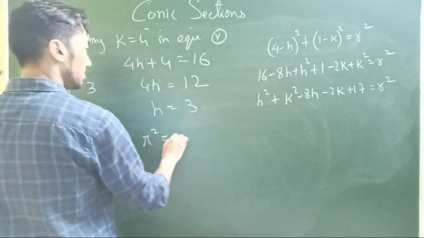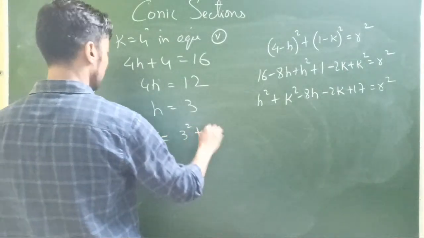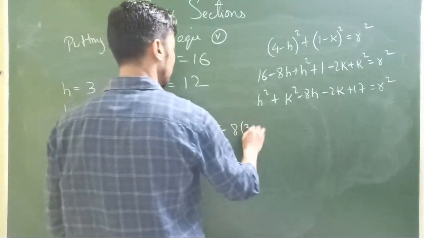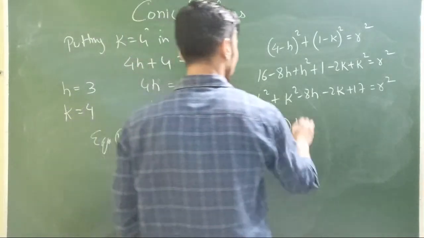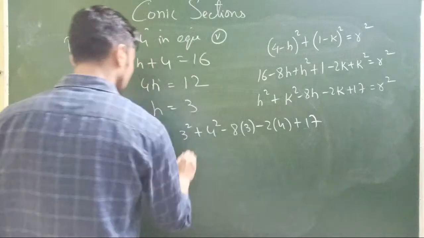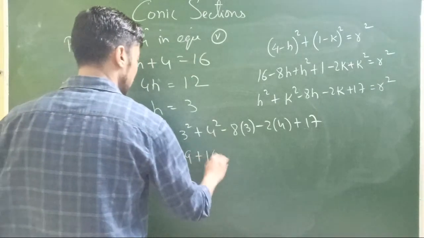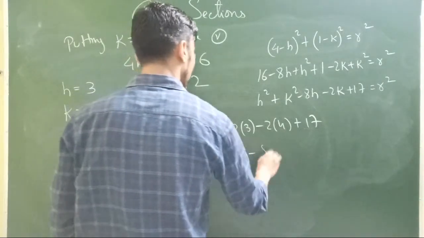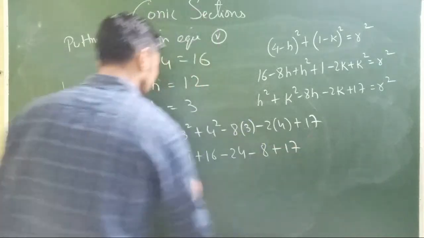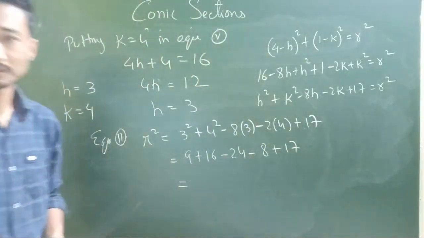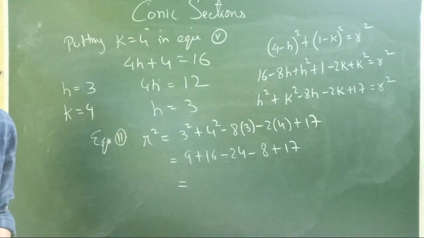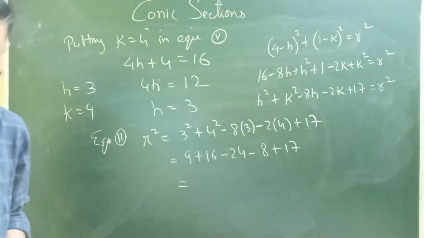So r square will be equal to 3 square plus 4 square minus 8 into 3 minus 2 into 4 plus 17. So 9 plus 16 minus 8 threes are 24, 2 fours are 8, plus 17. So how much will that be? Root over of 10. Okay, whatever it be, it's okay.